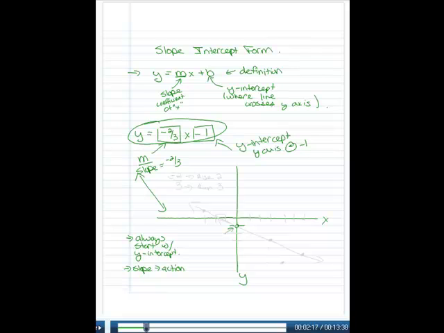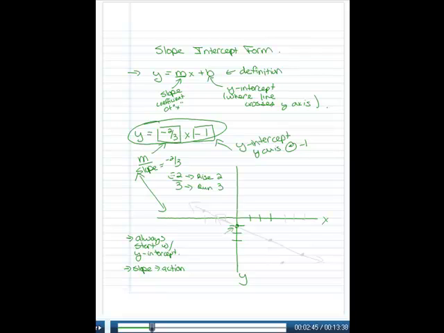So since my slope is negative 2 over 3, and I'll just rewrite it a little bigger, I know that I'm going to rise 2, and I'm going to run 3. Now again, I can see that my slope is negative, so I don't want to forget that. So from my y-intercept, or from my starting point, I'm just going to go down 2 because 2 is negative, and I'm going to run 3. 1, 2, 3.